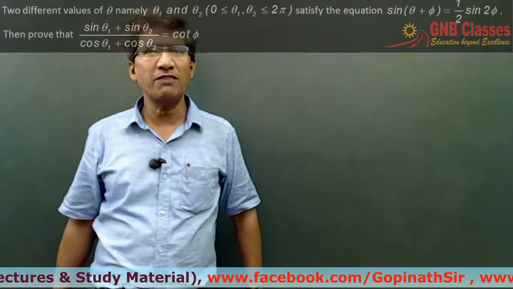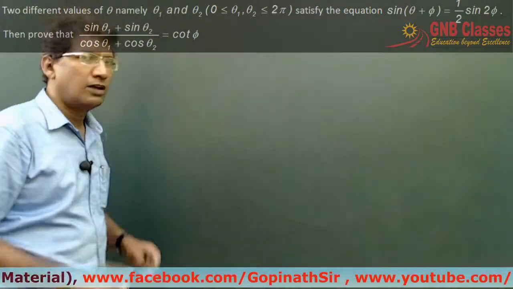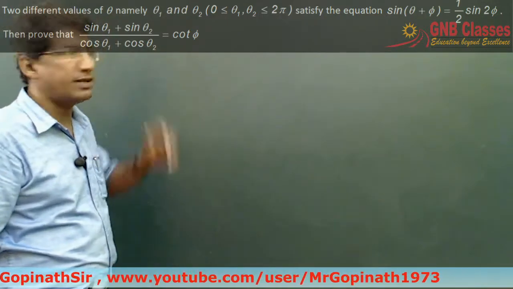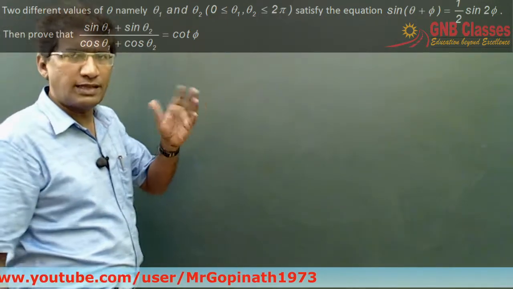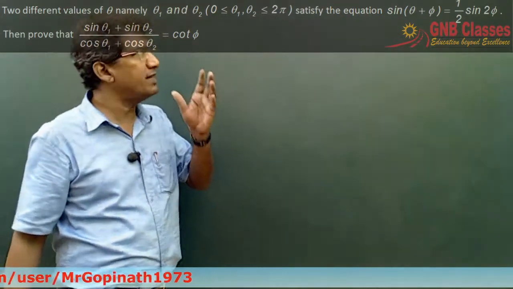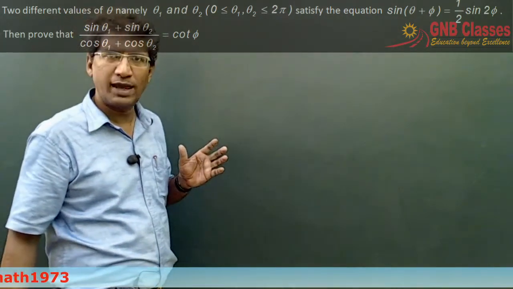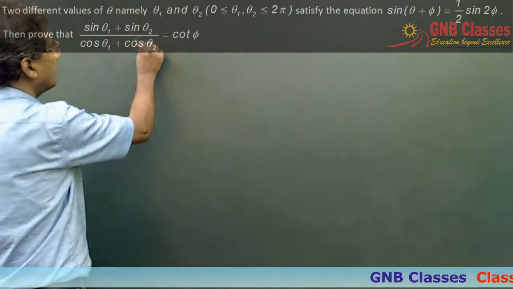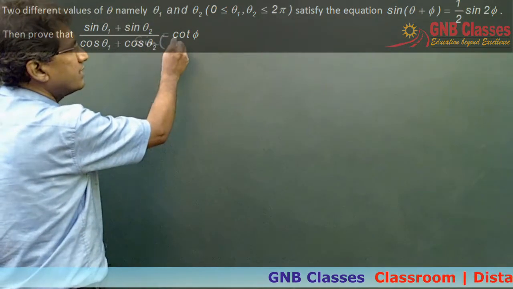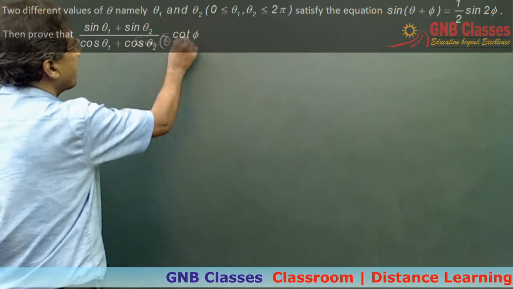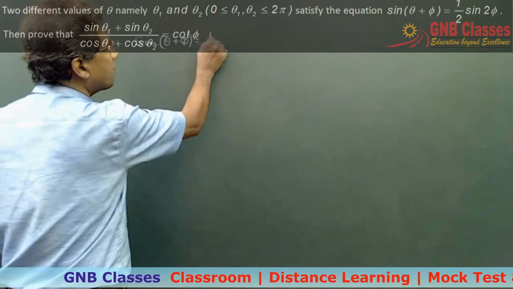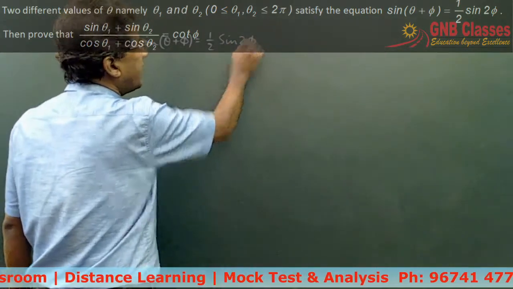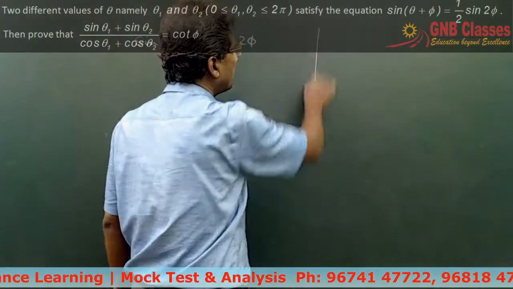In this sum, they have given us that two different values of θ are θ1 and θ2, and both θ1 and θ2 are lying between 0 and 2π. Okay? And they have said that sin(θ + φ) is equal to half sin 2φ.